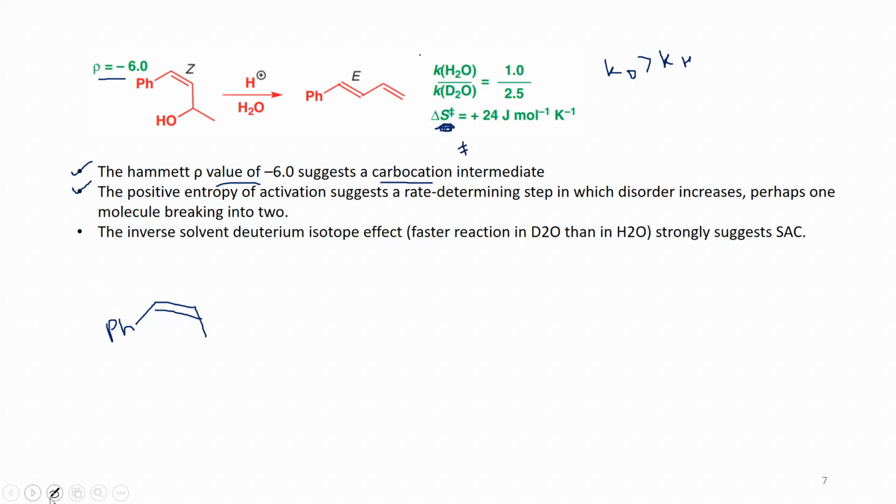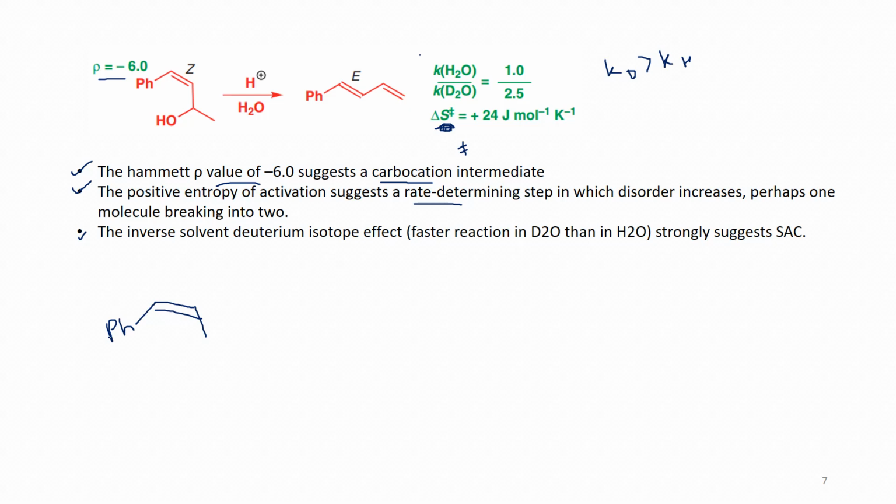The positive entropy of activation suggests that at a rate determining step in which disorderness increases, perhaps one molecule breaks up into two. And the last information we got from this reaction is that there is the inverse solvent deuterium isotope effect, which is the inverse kinetic isotope effect.